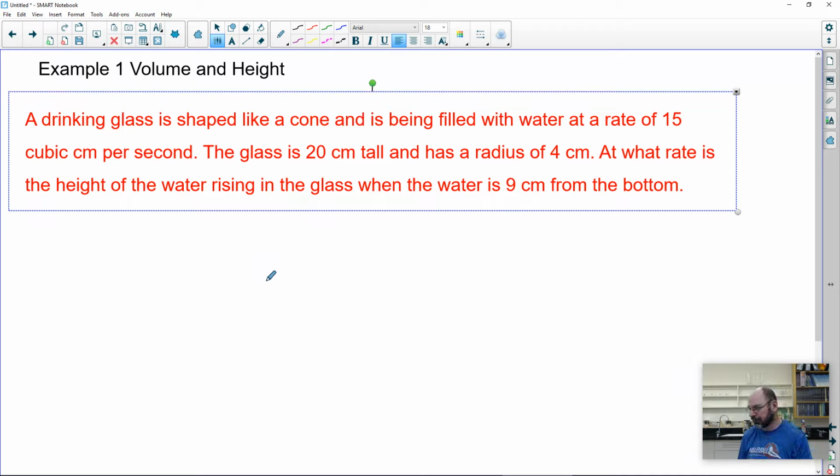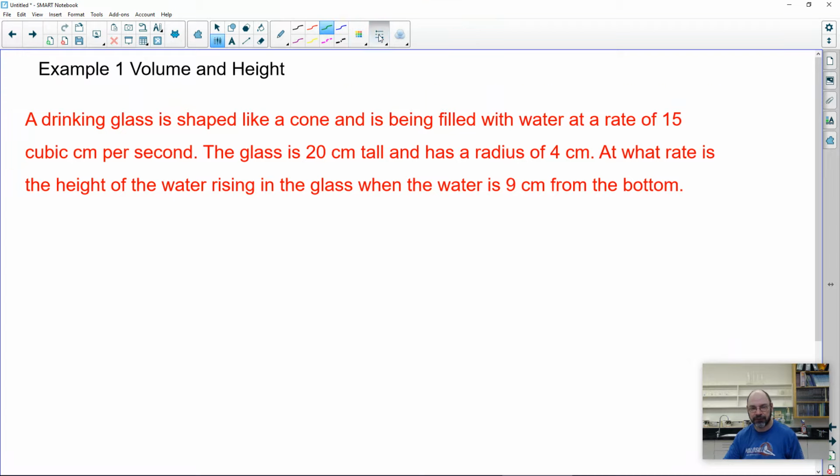So the first step that we're going to do is write down everything that we know first. So let's do this in green here. Write the givens. Okay, so I like to draw a little diagram of my glass here.